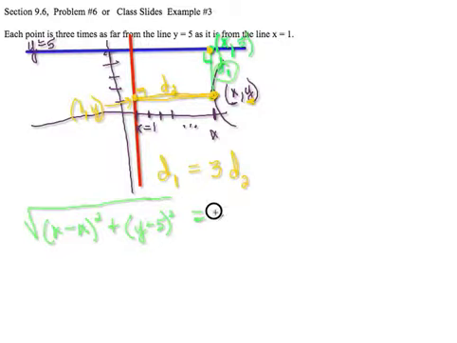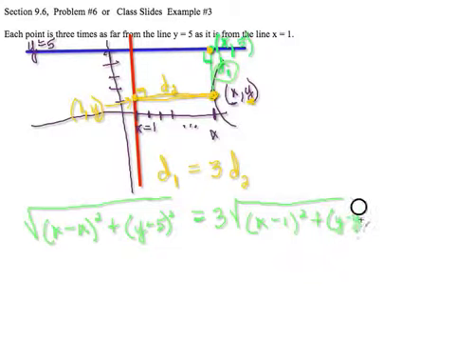And that's going to equal 3 times the square root of, and then I can see here d2. Now d2 is going to be x minus 1 squared, plus y minus y squared, 1d squared right over here.